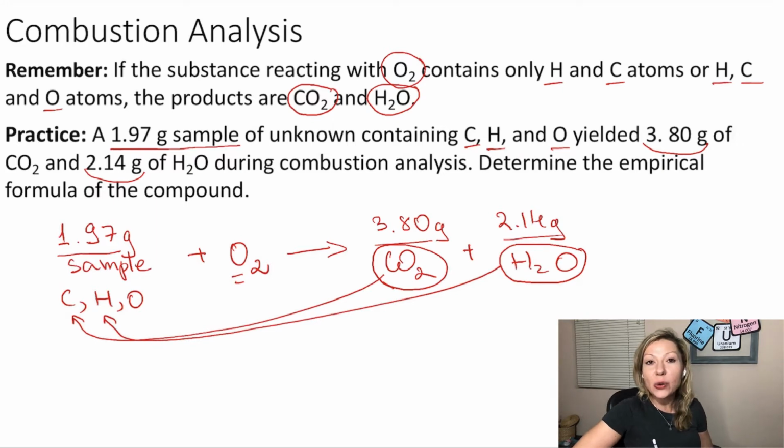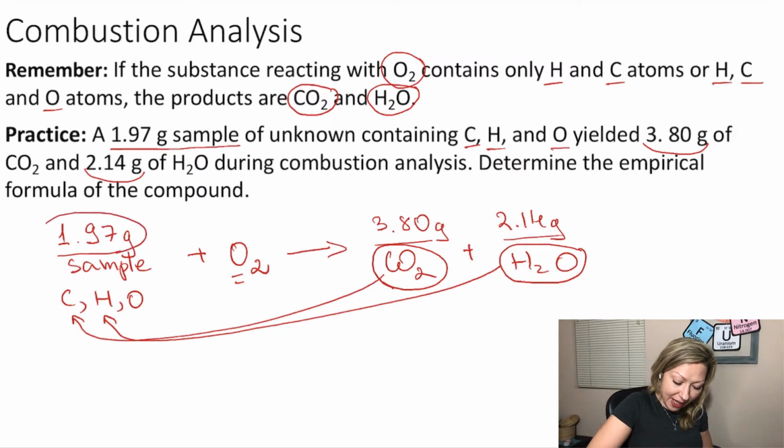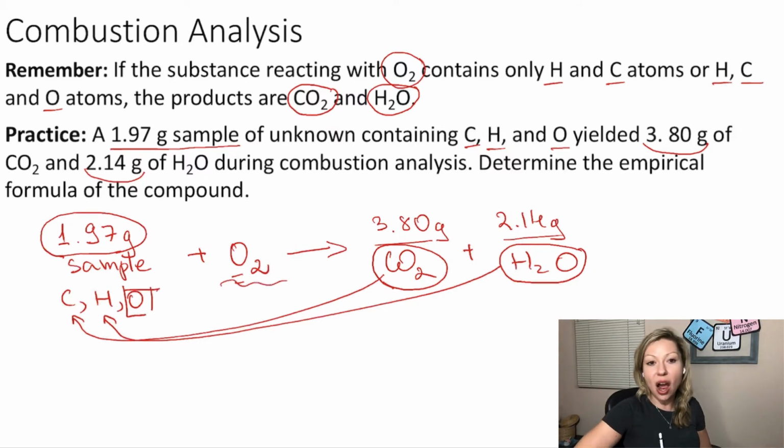Now, if I know the grams of carbon and hydrogen, I can simply take the mass of my sample and subtract from that the grams of carbon and grams of hydrogen to get the grams of oxygen, without taking into account the amount of extra oxygen that I used for burning. Okay, so let's take a look at how to do this step by step.